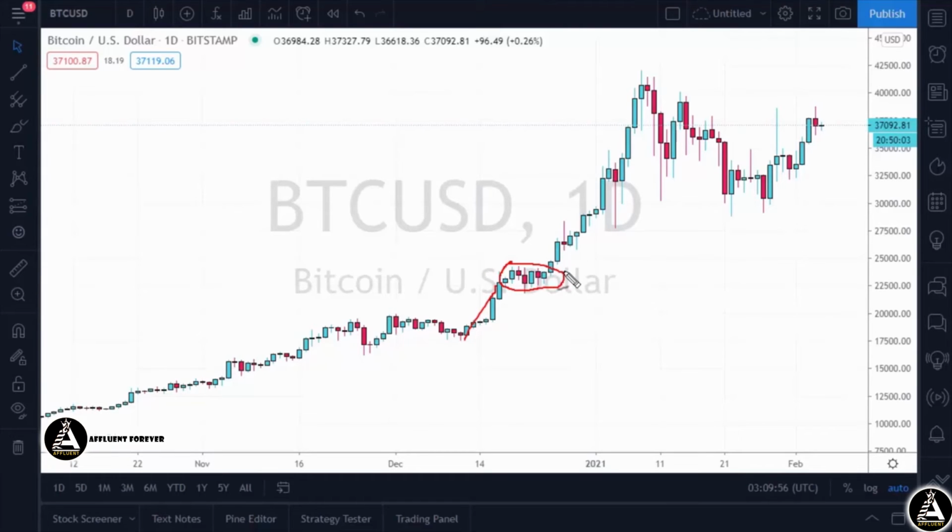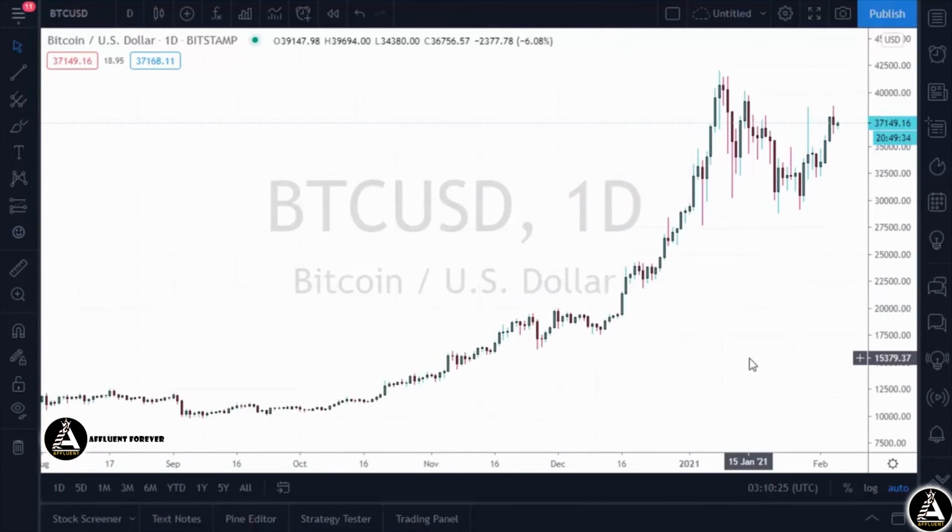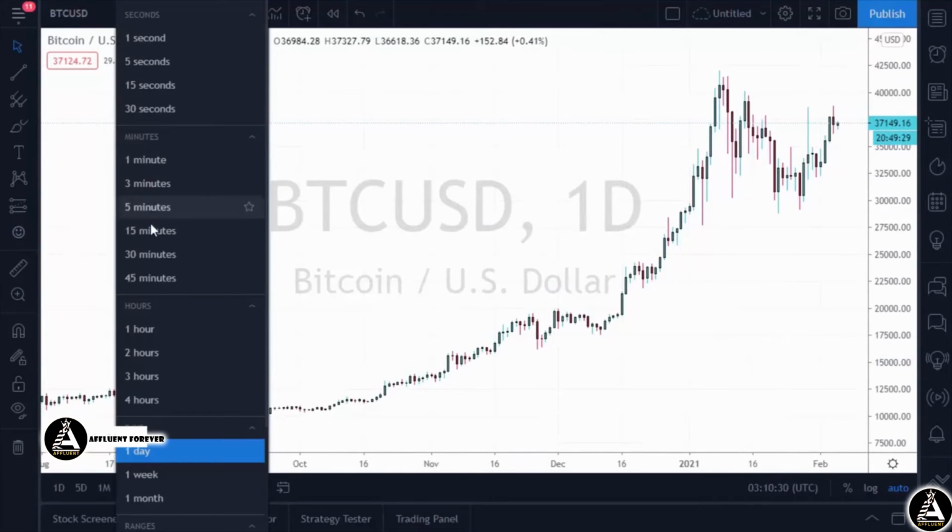Now you can go up or down, but when you go up, that's a continuation. Pretty basic stuff here, but these are things that people need to know. So, rally, consolidation, continuation.